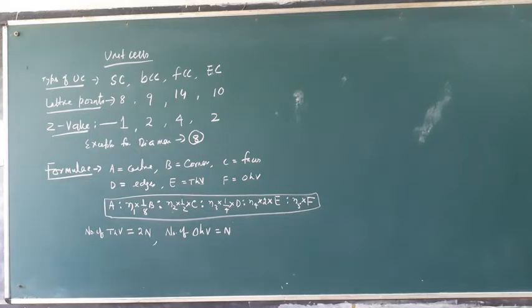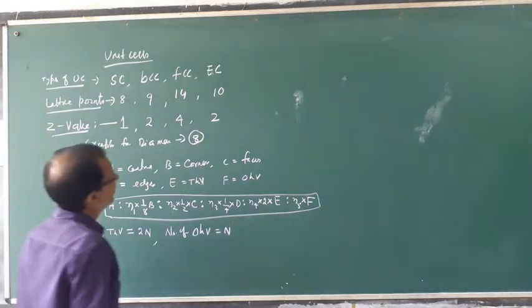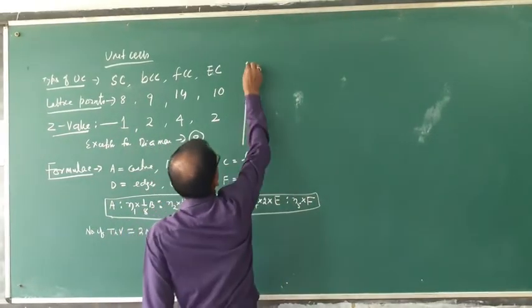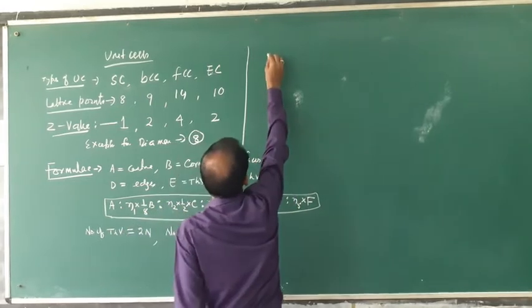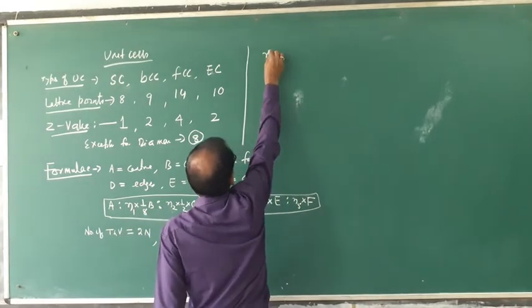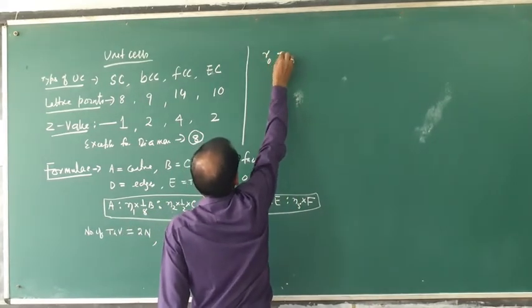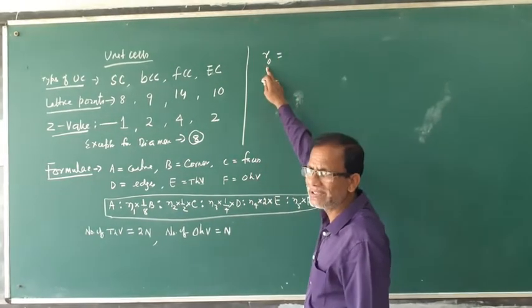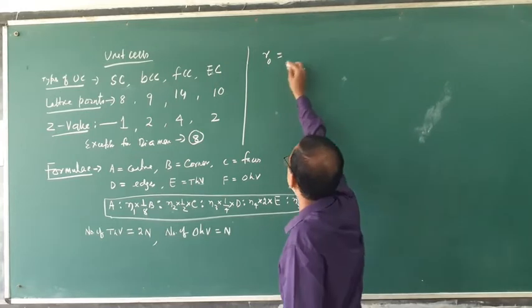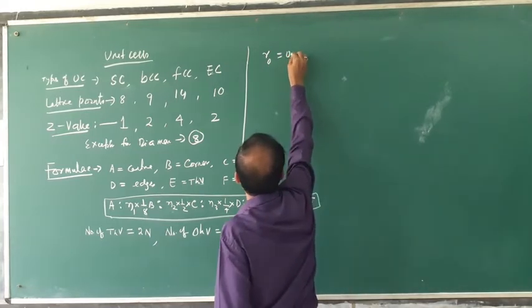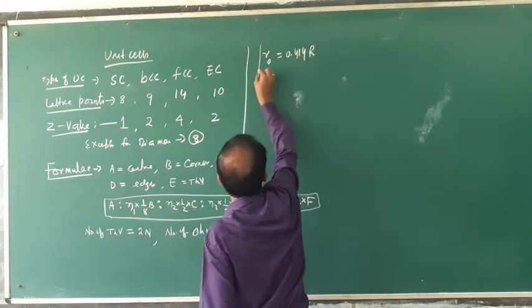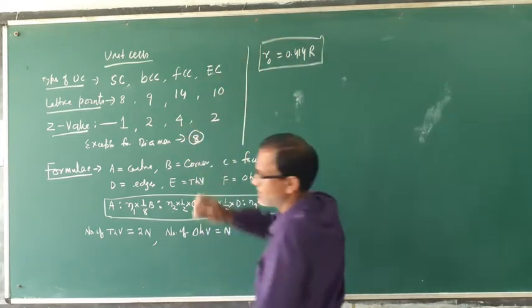Then the voids. We know that R_O, what is the meaning of R_O? Size of octahedral void is equal to 0.414 capital R. What is this?